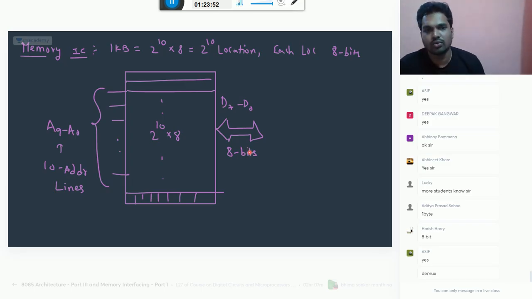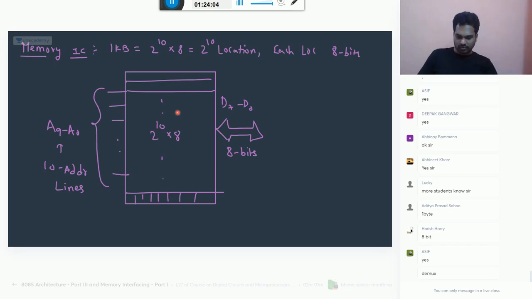So this is how your 1 KB memory IC will be. So now what we want to discuss here is how to interface memory chips to the computer. You have an 8085 computer. How to interface different memory chips to the computer. Is this point clear? Just basic.